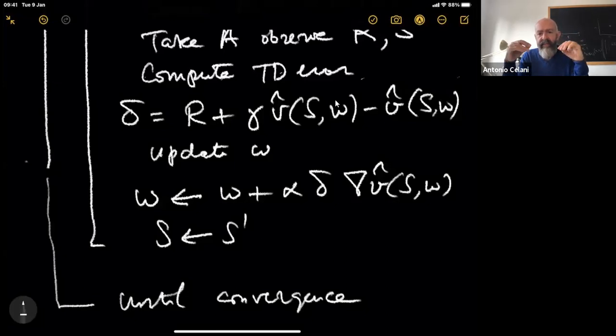So this algorithm provably, though we don't give the actual proofs, takes you to a local minimum in general. If the approximation is linear, this is also the global minimum. If the approximation is nonlinear, you have to be careful. As in a situation where you might have many local minima, a good idea would be to restart from different initial weight choices many times so as to explore the possible opportunities.